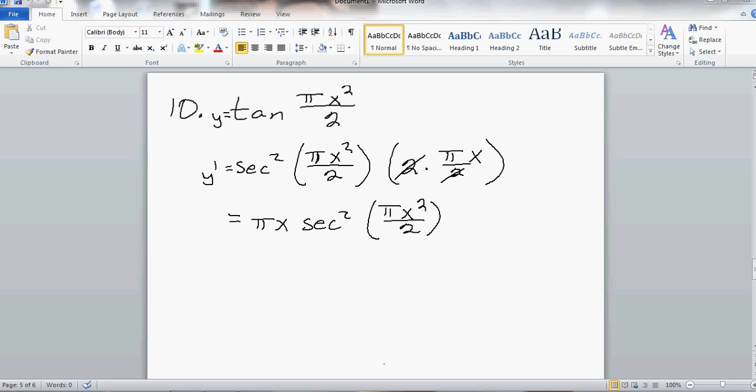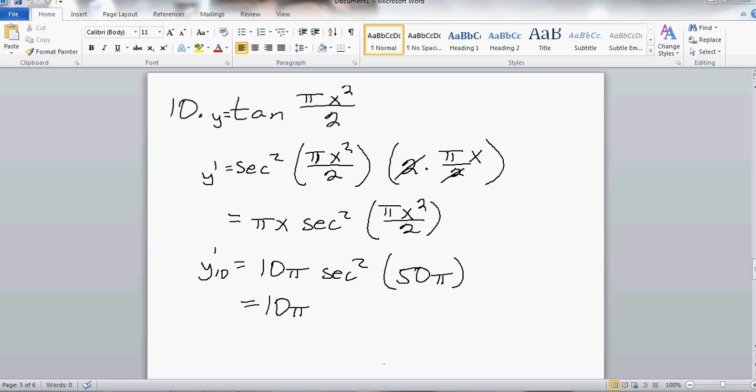And so now we need to actually plug in the value of, what is it, 10? And so we get 10 pi times the secant squared of, okay, if I plug in 10 here, 10 squared is 100. 100 over 2 becomes 50 pi. So it's going to be 10 pi times secant of 50 pi.